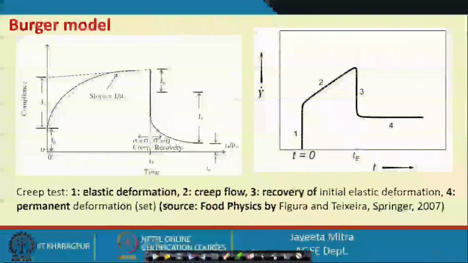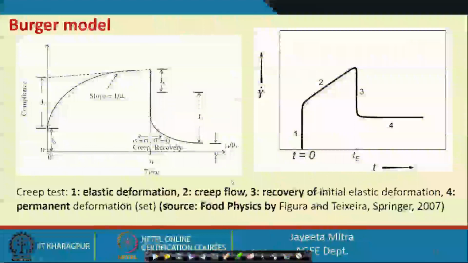So, this will be the compliance over time behavior. Here also if we plot the gamma dot, that is shear rate over time. So, t equal to 0, part 1 which is showing the elastic deformation, and then path 2 or curve 2 is showing the creep flow.